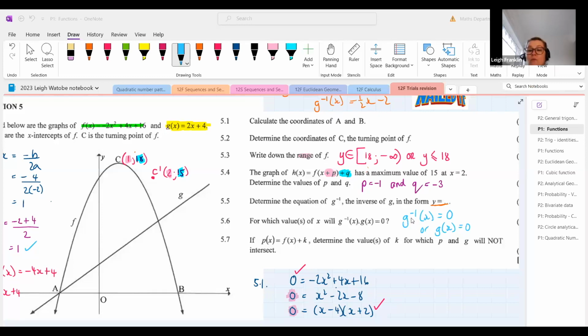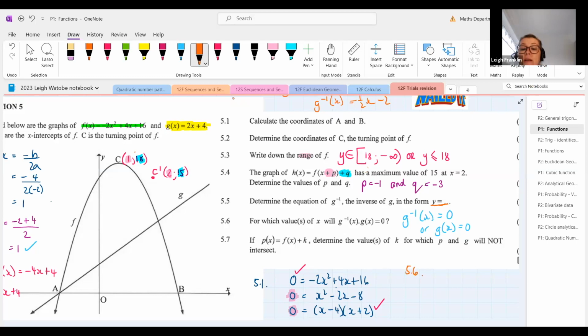So it's either where the inverse is equal to 0, so its x-intercept, or where g of x is equal to 0, which is its x-intercept. So for which values of x will this happen? What they're actually asking us to find are the x-intercepts of both functions. Does that make sense to everybody? That's what they want from us.